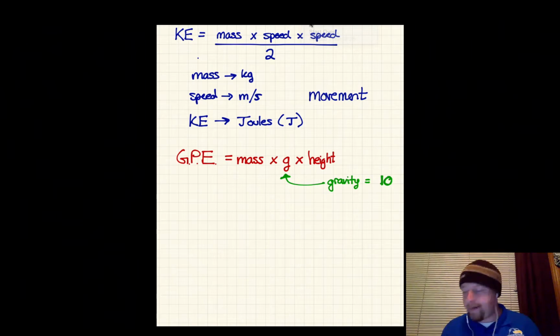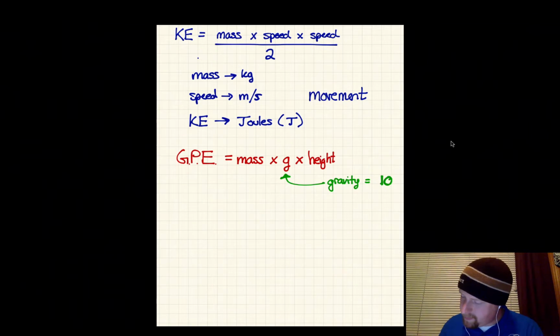Let's say we know that an object has a mass of 7 kilograms and a height off the ground of 6 meters.